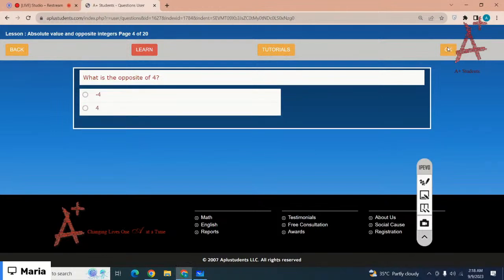What is the opposite of 4? So which is the correct option? Opposite of 4 is, that would be negative 4. The correct option is negative 4.